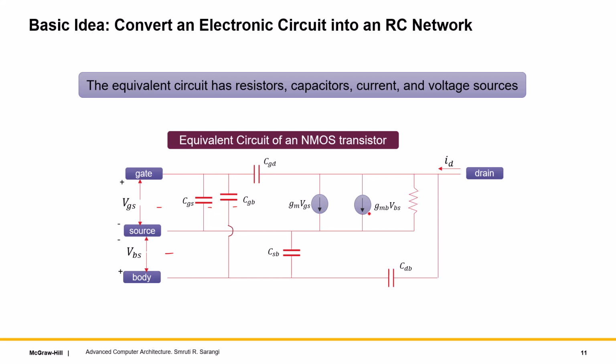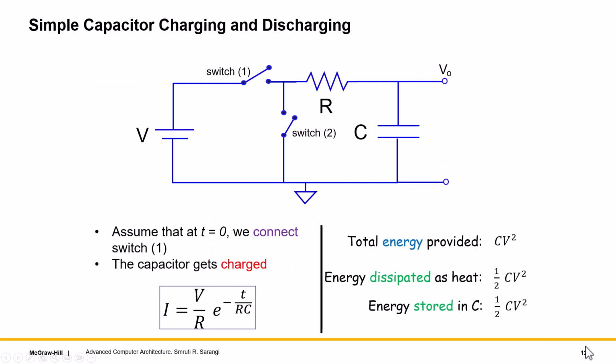And you would replace them with these current sources, where the current is a function of the gate source and body source voltage. So this is traditional transistor 101, that any transistor is represented as an equivalent circuit in this fashion. The advantage of doing this is that you can nicely compute the current flow and the consequent power dissipation.